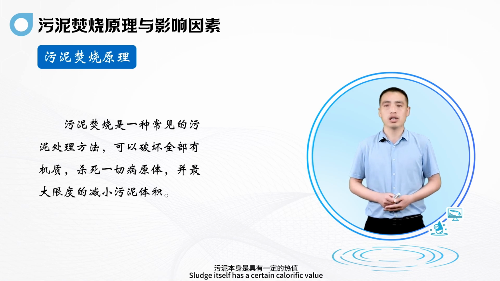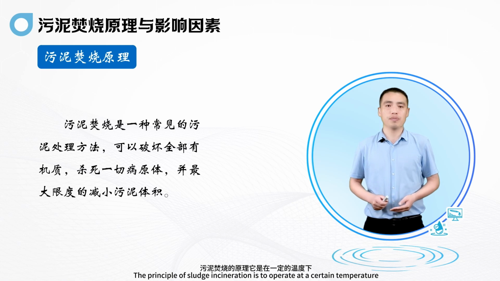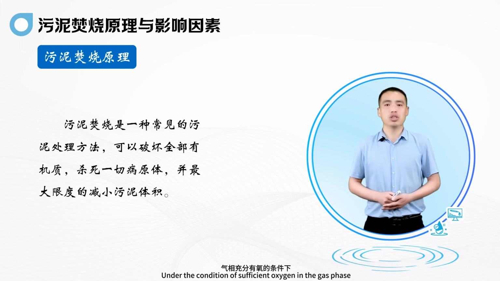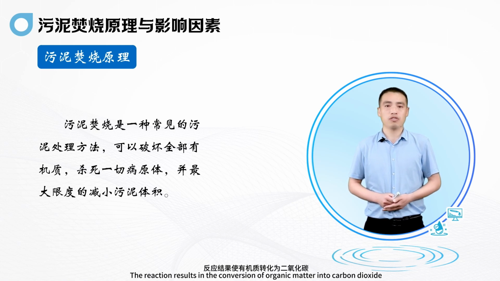This is because sludge itself has a certain calorific value, determined by its combustibility. The principle of sludge incineration is to operate at a certain temperature, under the condition of sufficient oxygen in the gas phase, causing combustion reactions of organic matter in the sludge. The reaction converts organic matter into carbon dioxide, water, nitrogen, and other gaseous substances.